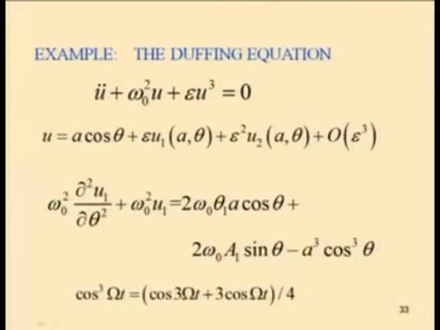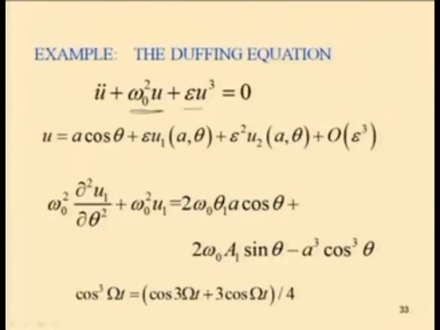Now, for d square u I have shown you that equation, which you have to use. For omega 0 square u, simply multiplying this omega 0 square term, one can get omega 0 square a cos theta plus omega 0 square epsilon u1 of a, theta plus omega 0 square epsilon square u2.